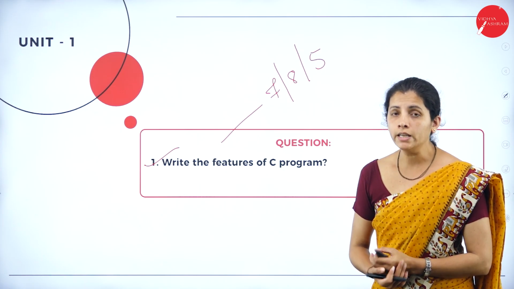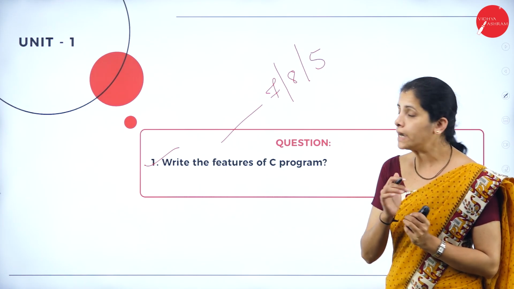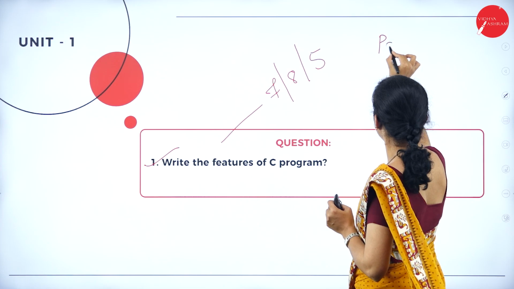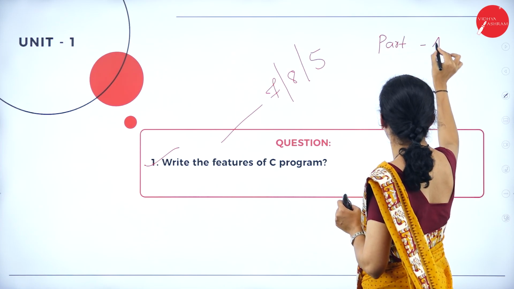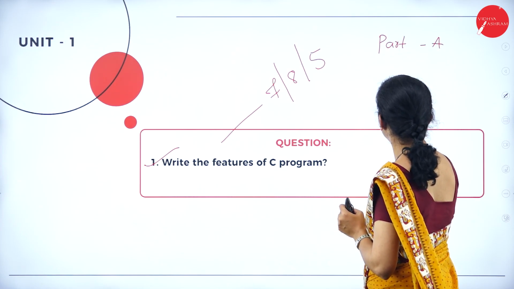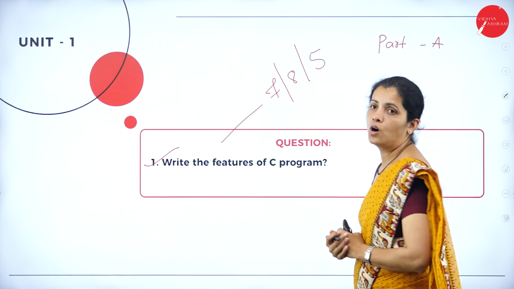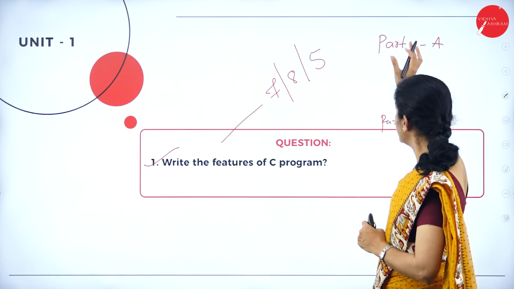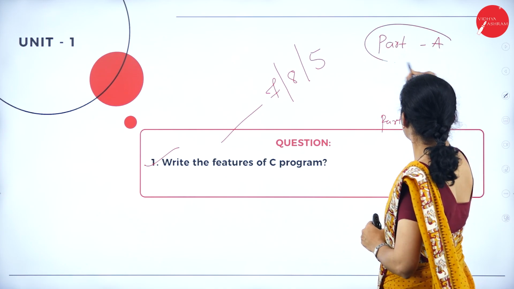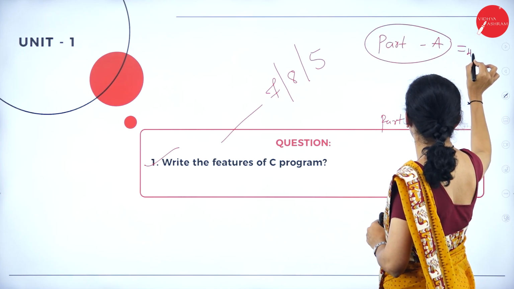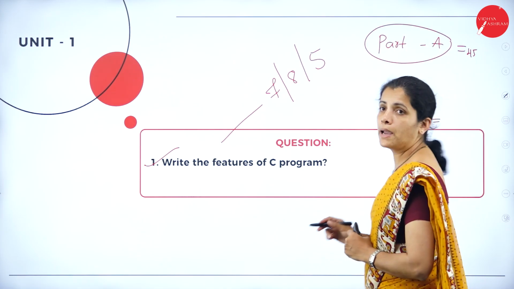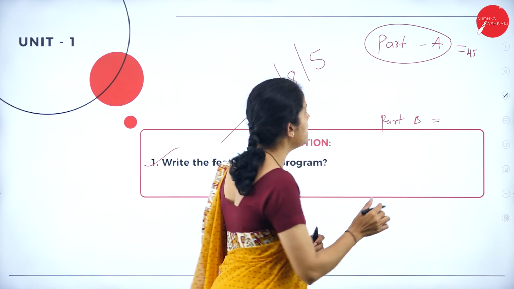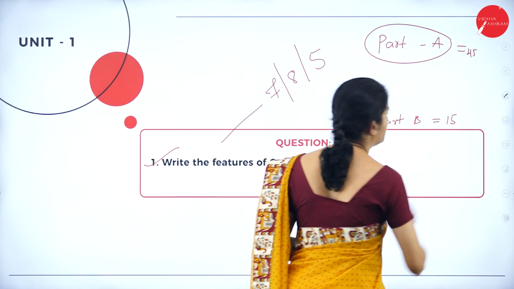If I consider the question paper pattern, I have part A and part B. In part A, I have 45 marks and in part B, I have only 15 marks.